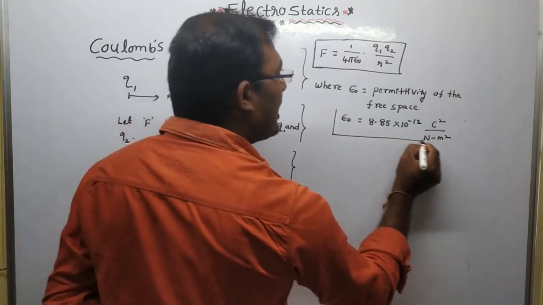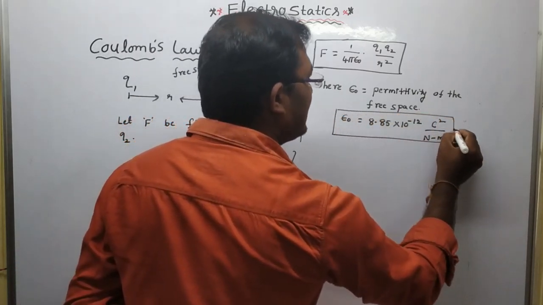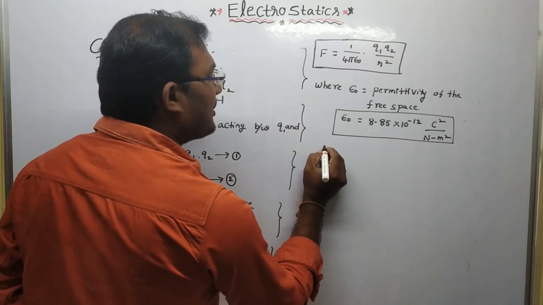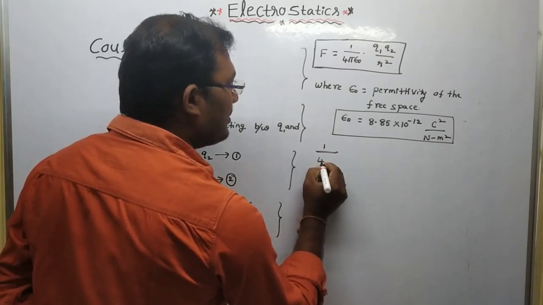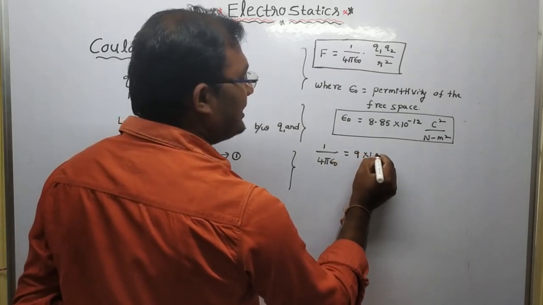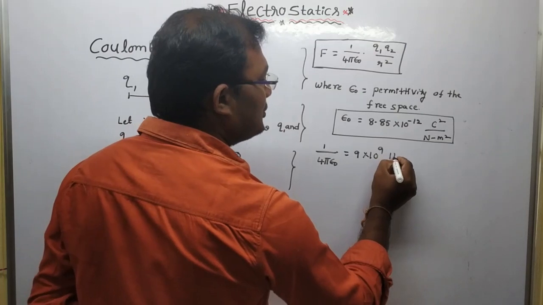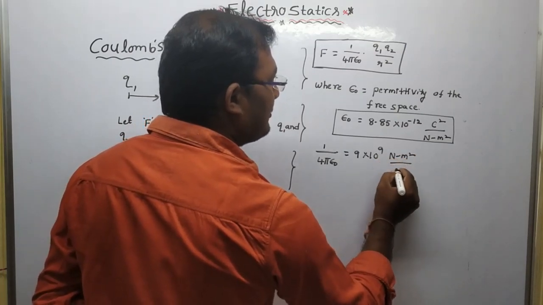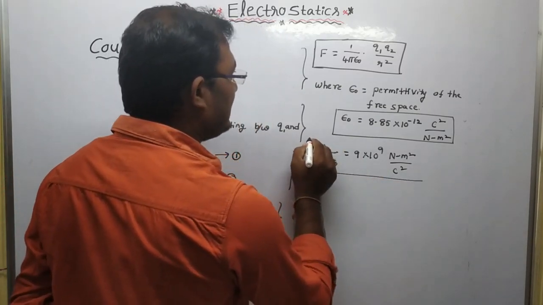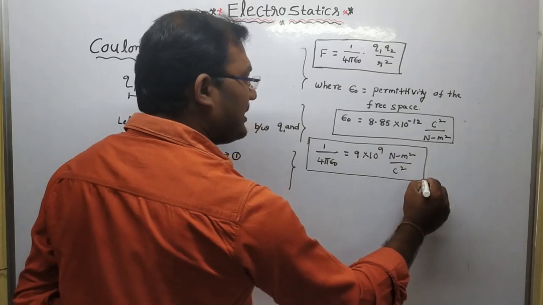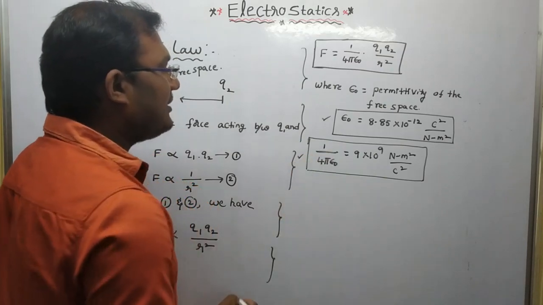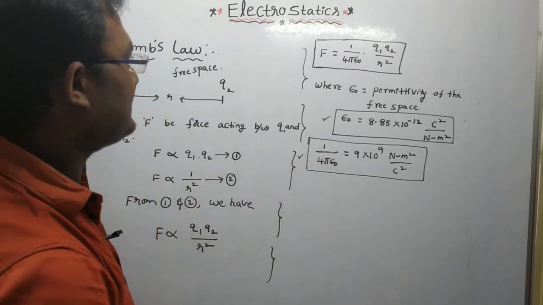And the proportionality constant 1 by 4 pi epsilon naught has the value of 9 into 10 to the power of 9 Newton meter square per Coulomb square. These two values are most important while solving numericals.